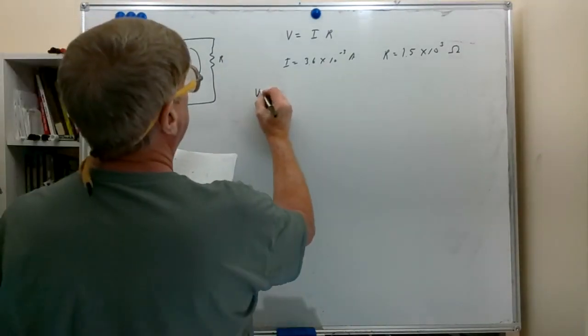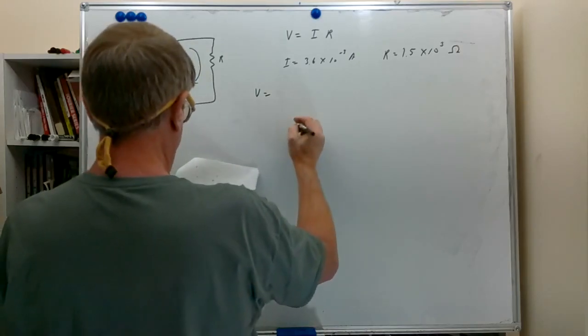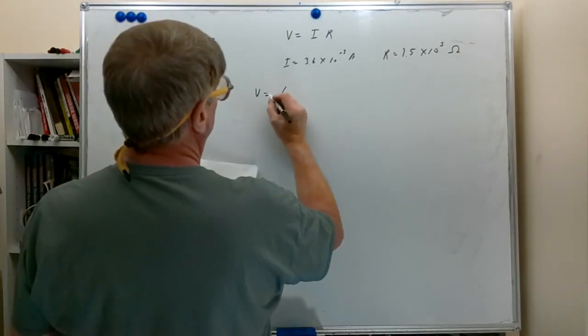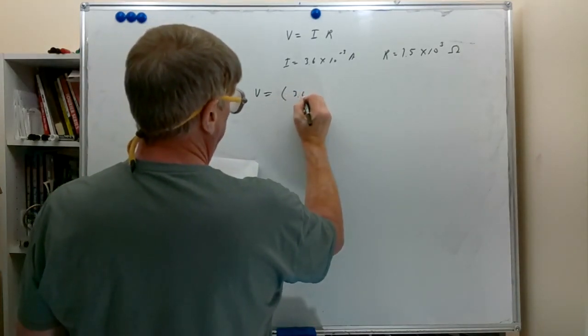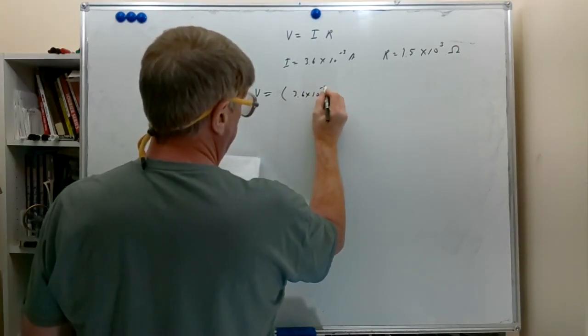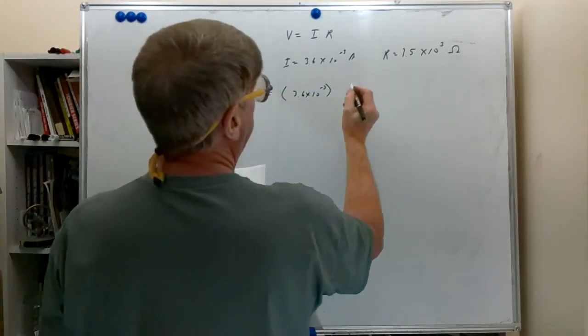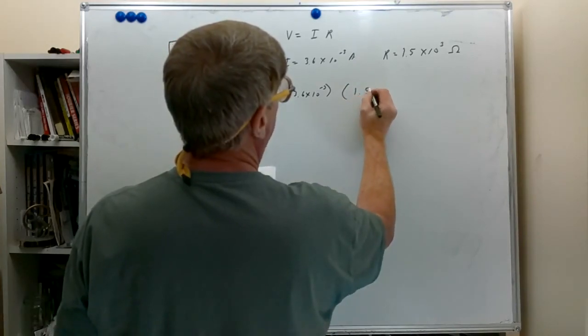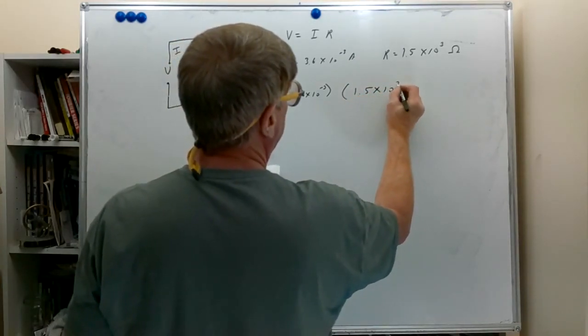So let's work this out. We got V equals I of 3.6 times 10 to the negative third, and that's multiplied times 1.5 times 10 to the third.